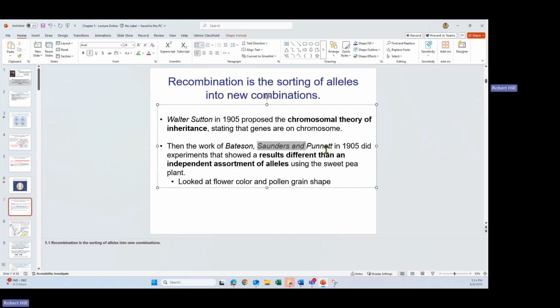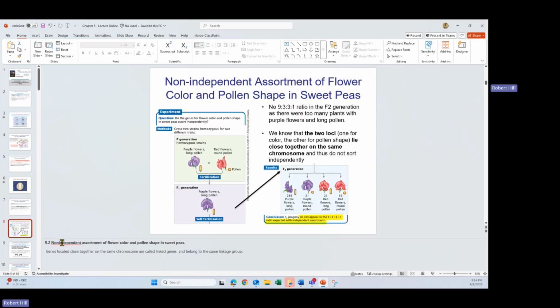So these guys found genetic linkage. Let's look at their example. They look at flower color and pollen shape. You can have purple or red flowers, and long grain pollen or round pollen. Just like Mendel did, they did true breeding for both.